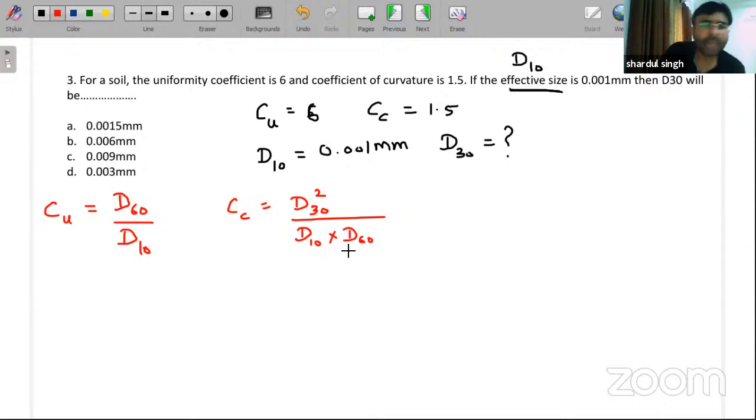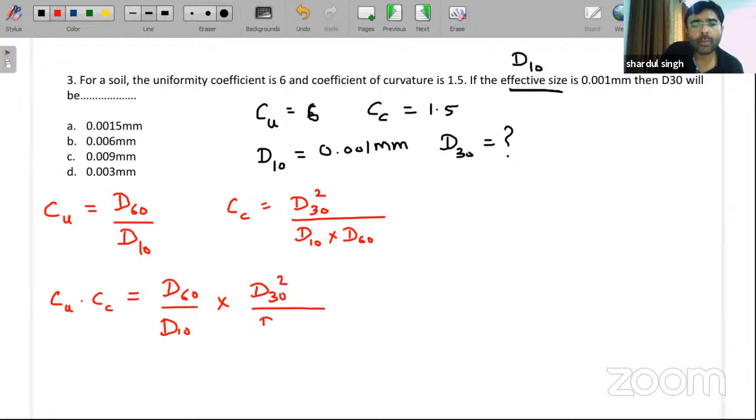Can we multiply Cu and Cc? See what you will be getting. Cu into Cc is D60 upon D10 into D30 square upon D10 into D60.